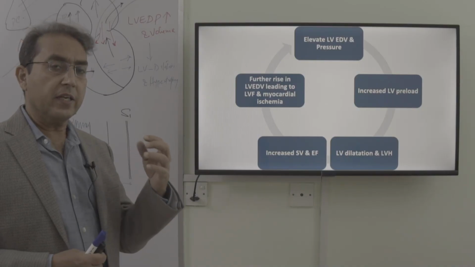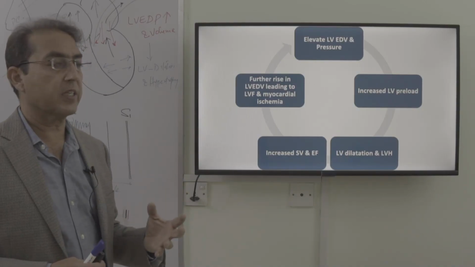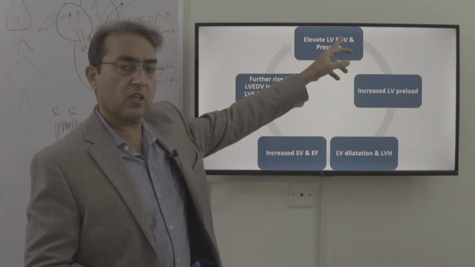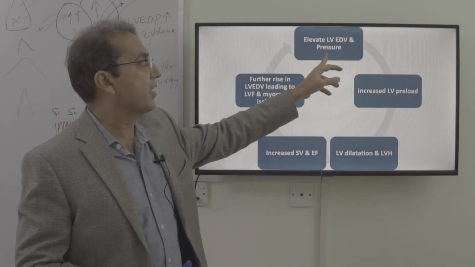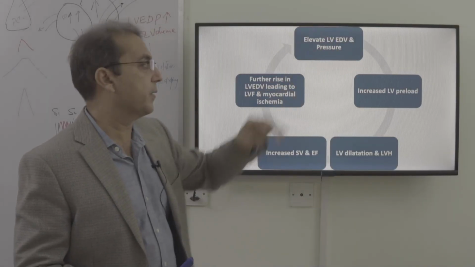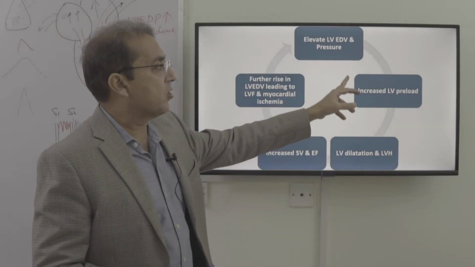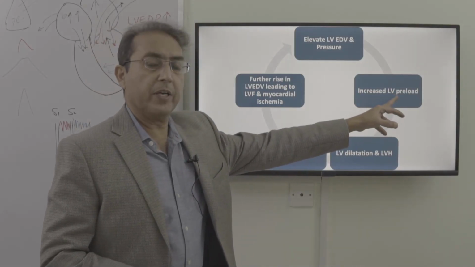That means the intraventricular pressure will also start rising. So as a consequence, we have elevated left ventricular end diastolic volume and elevated left ventricular pressures as well.